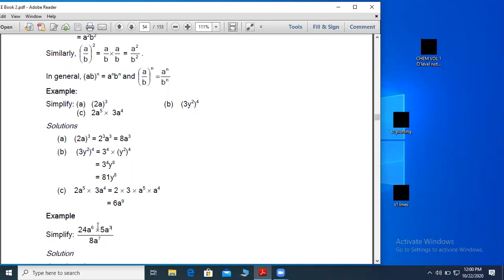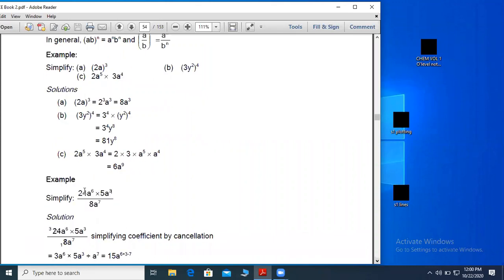Then we multiply it by 8 power 6, 8 power 3, then divide by 8 power 7. But alternatively, since everything here we are multiplying, we can first cancel out this 8 with the 24. Thanks, Nansubuga, you had a bright idea.